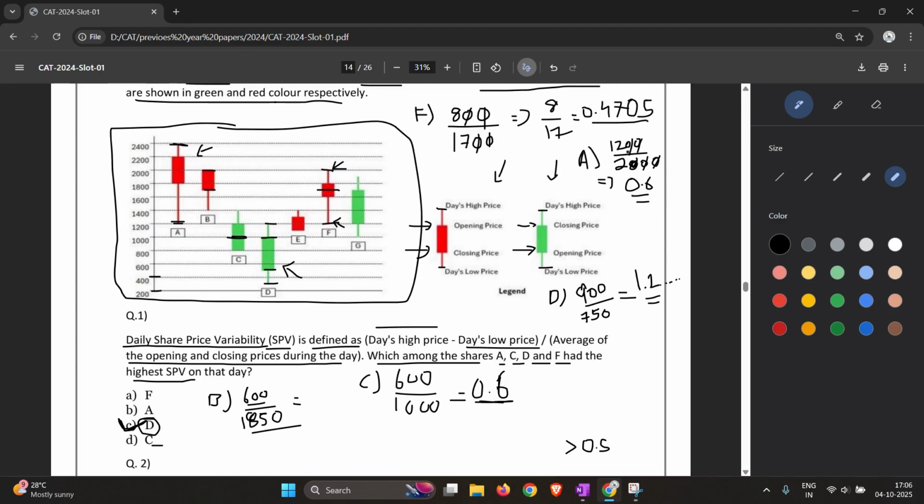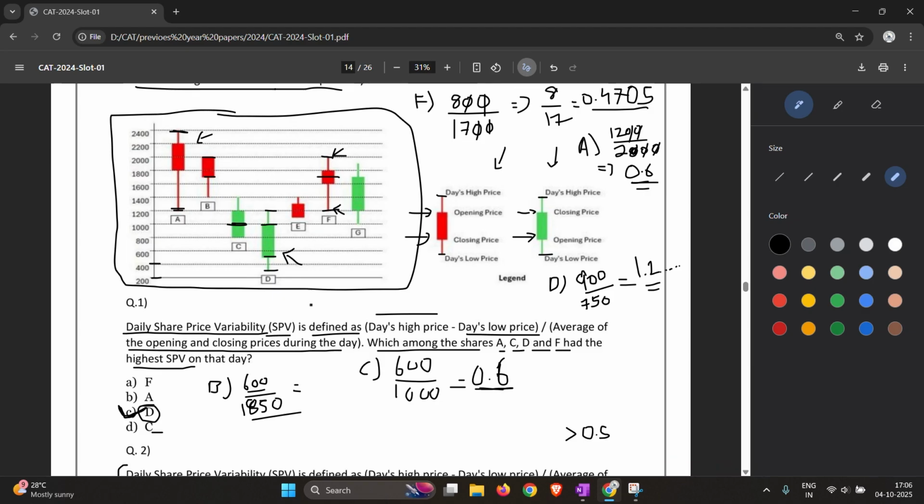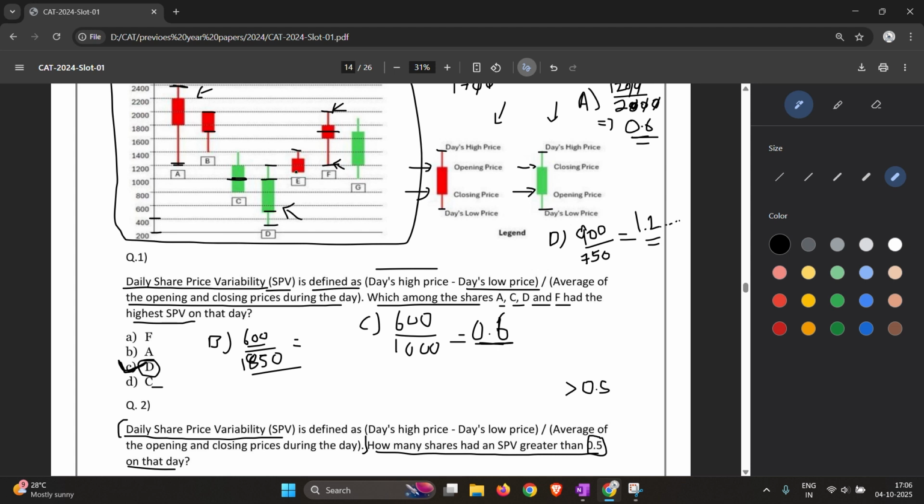So for now we have only three shares which have a variability greater than 0.5. So that is A, that is D, and that is C. B does not have it. Let's check for E and G which are remaining. So for E, we have 1400 and 1100. So 300 over here.